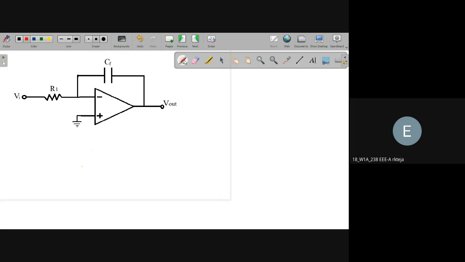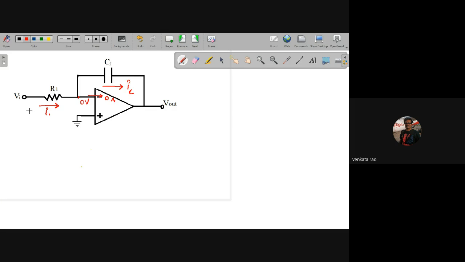Now, first I will represent the frequency response of this. Let the current be I1, and this current be IC. The voltage at this point is 0 volts, and the current entering into this is also 0 amperes.